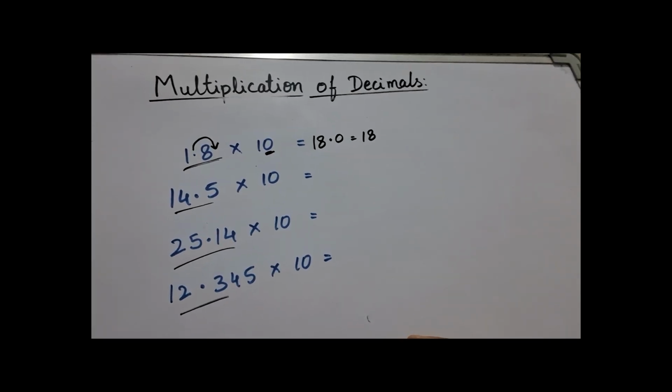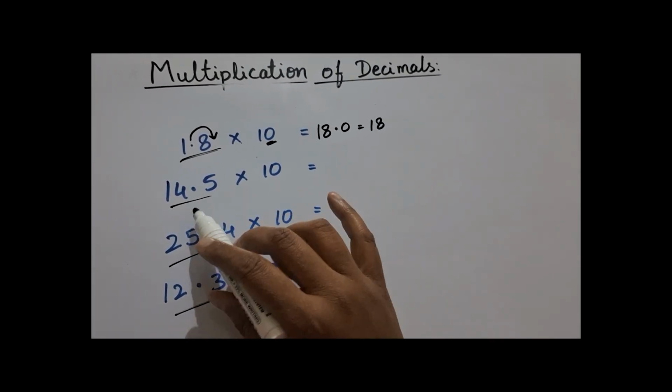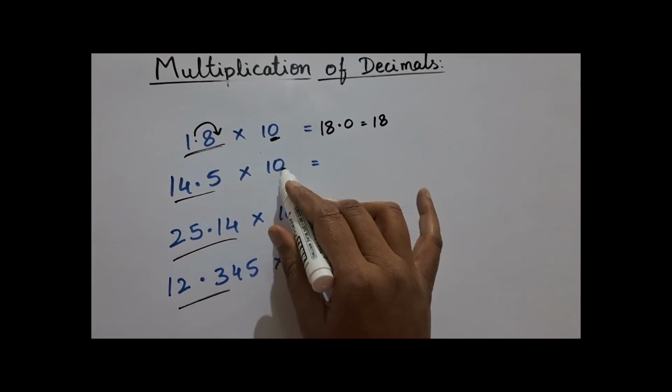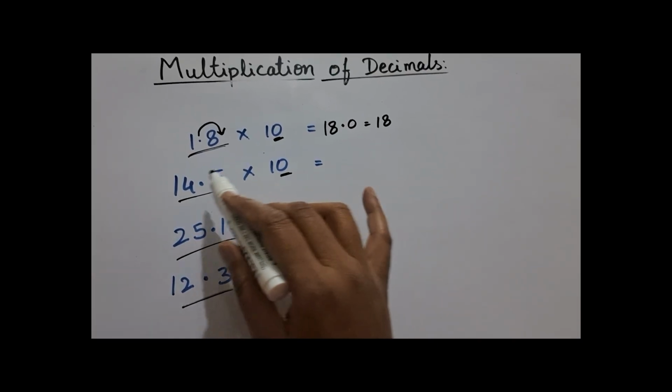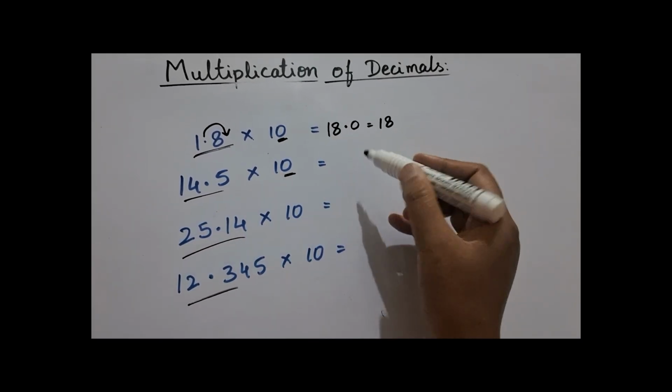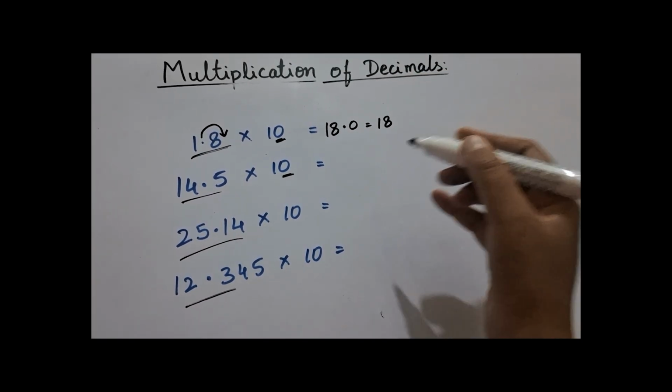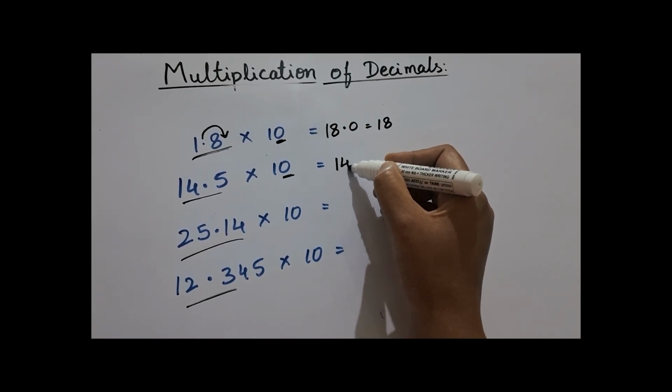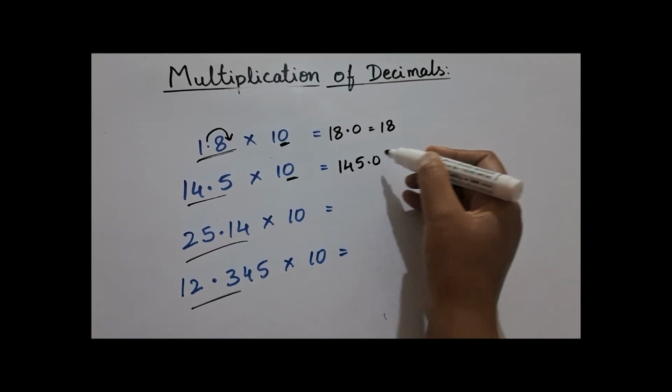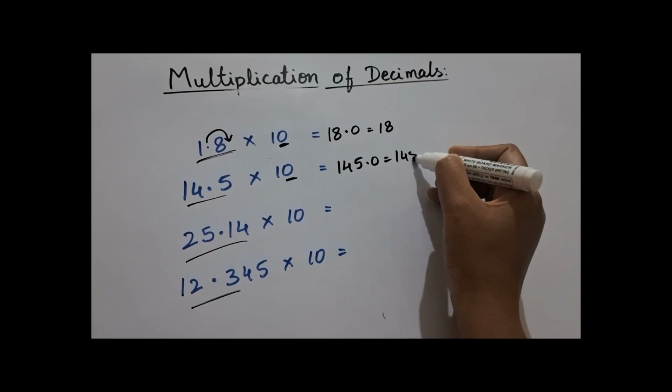Now this can also be written as 18. Next, 14.5 when multiplied with 10. 10 again 1 zero, so the point jumps only 1 digit in the right side. That means 145.0, which is equal to 145.